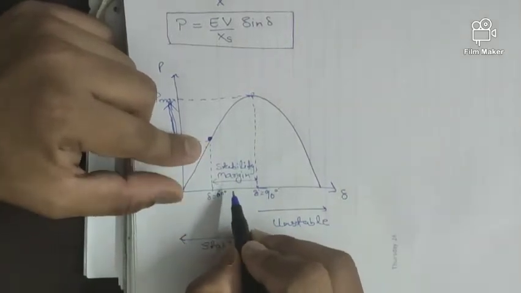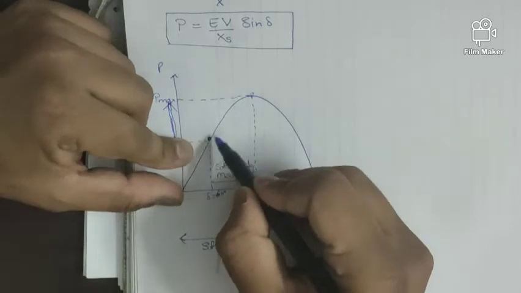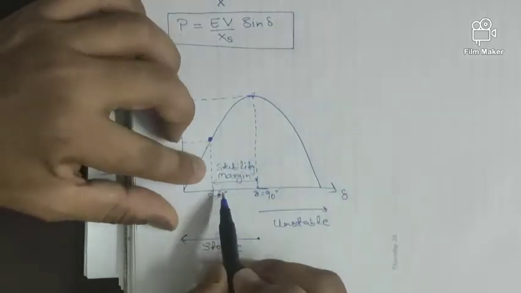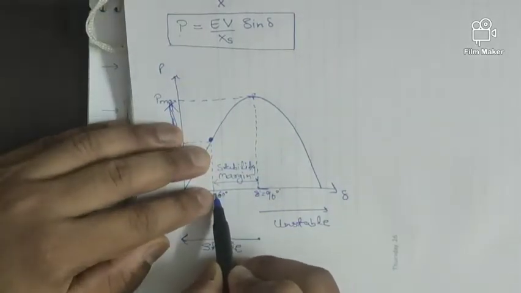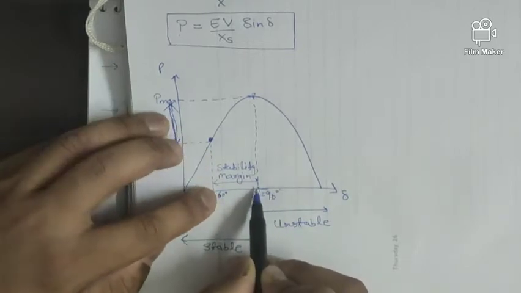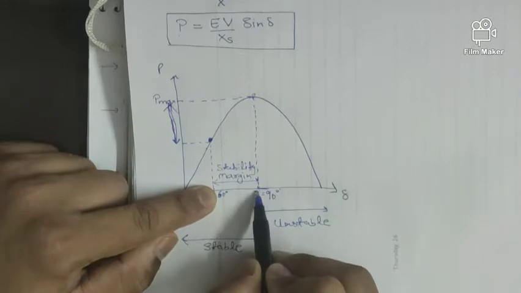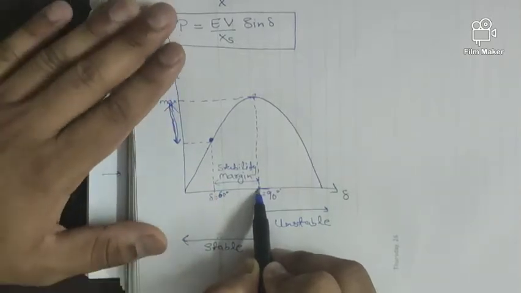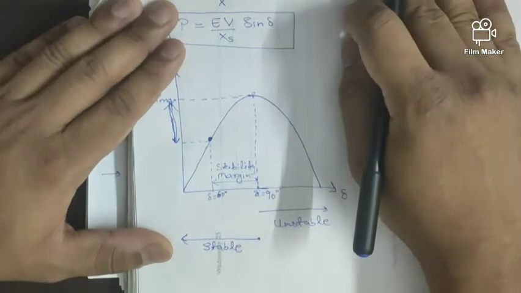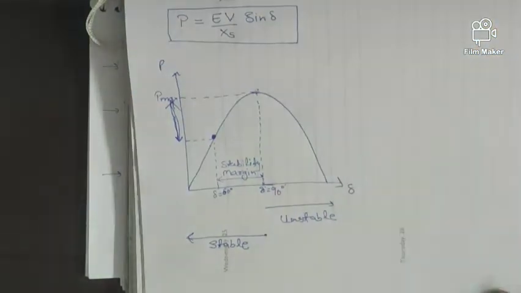When a disturbance occurs, the rotor will start swinging around this delta, and while swinging it can go beyond 90 degree. If we have enough margin, it will remain within the 90 degree angle, and the stable operation of the machine can be ensured.